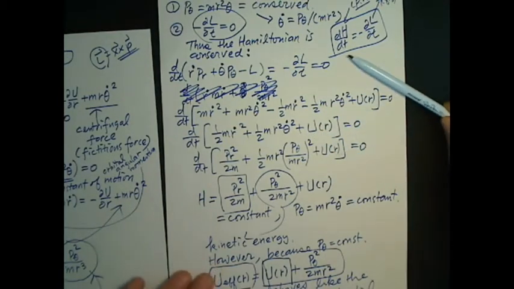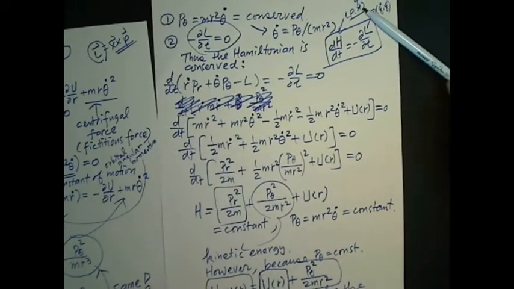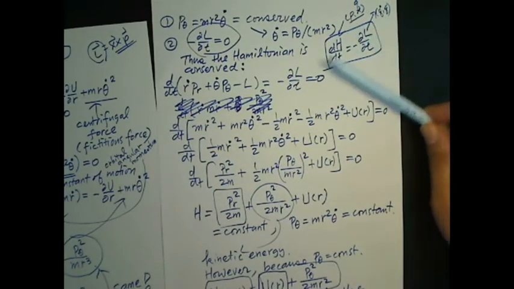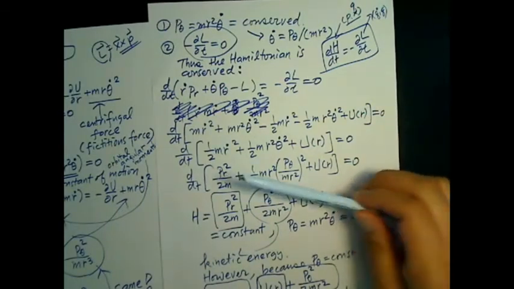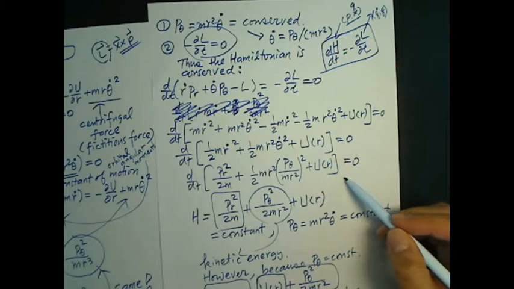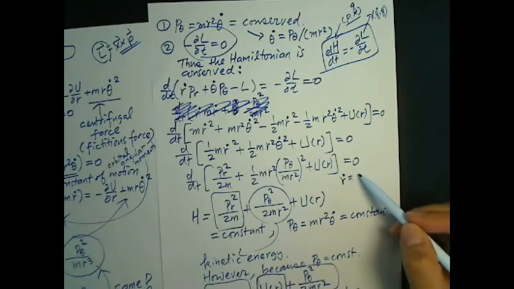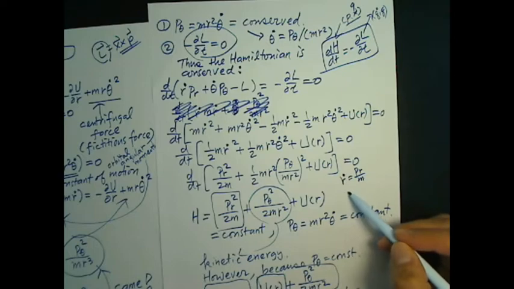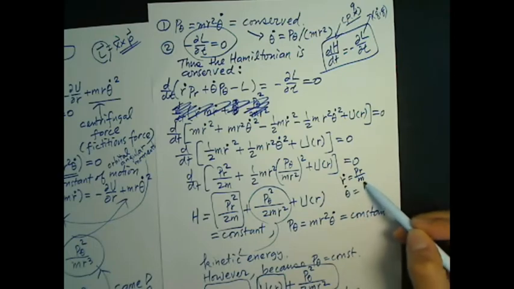As I told you, the Hamiltonian must be expressed in terms of coordinates and conjugate momenta. So the conjugate momentum is used. We say that r dot equals PR over m, and theta dot equals P theta over m r squared.